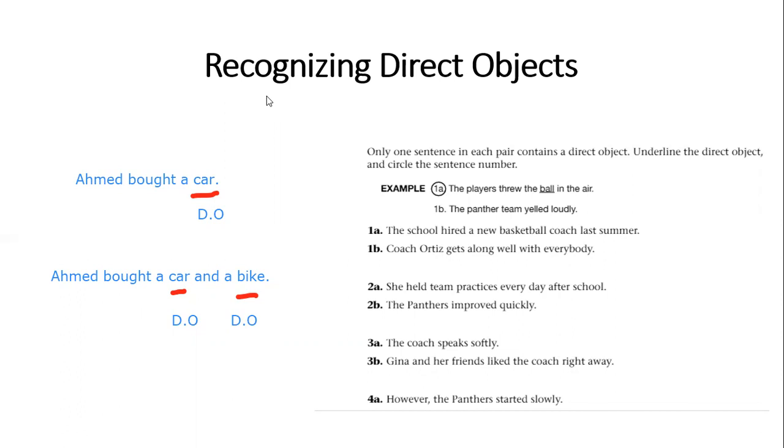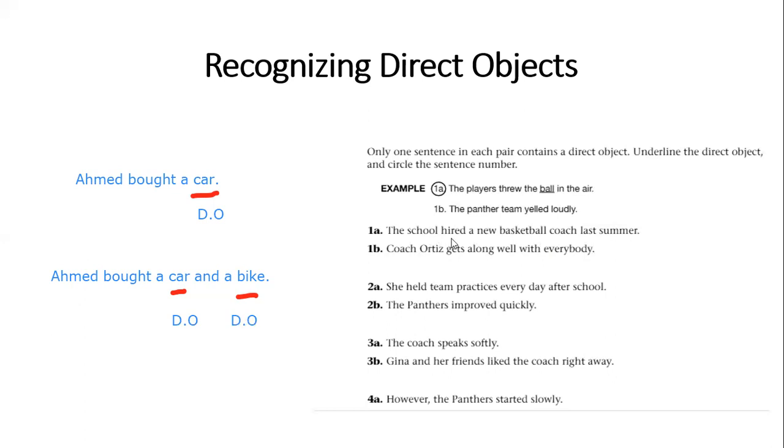The next example: the school hired a new basketball coach last summer. And also we're having Coach Orts gets along well with everybody. We need to see which one really has a direct object. Exactly. So in the first one, the school hired a new basketball coach.